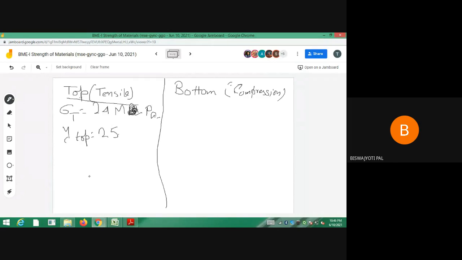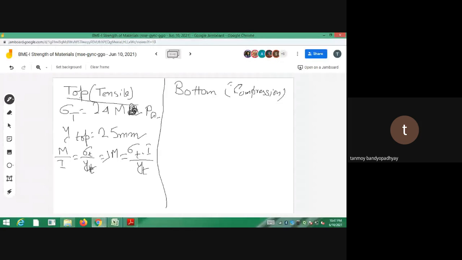Now you put the expression. What was our formula? We have the pure bending expression M by I is equal to sigma by y, so sigma top by y top. I'm just calculating mod M for the two cases. So mod M will be equal to sigma t into I divided by y top.